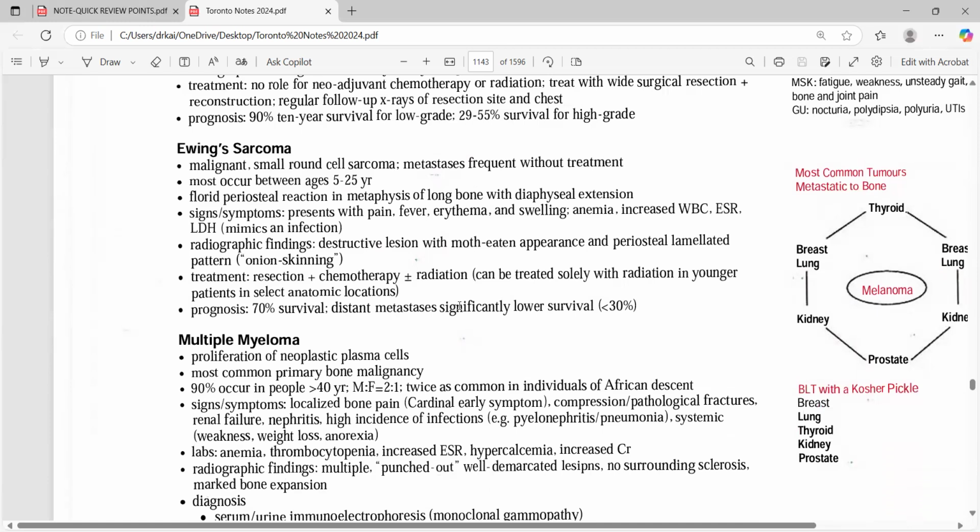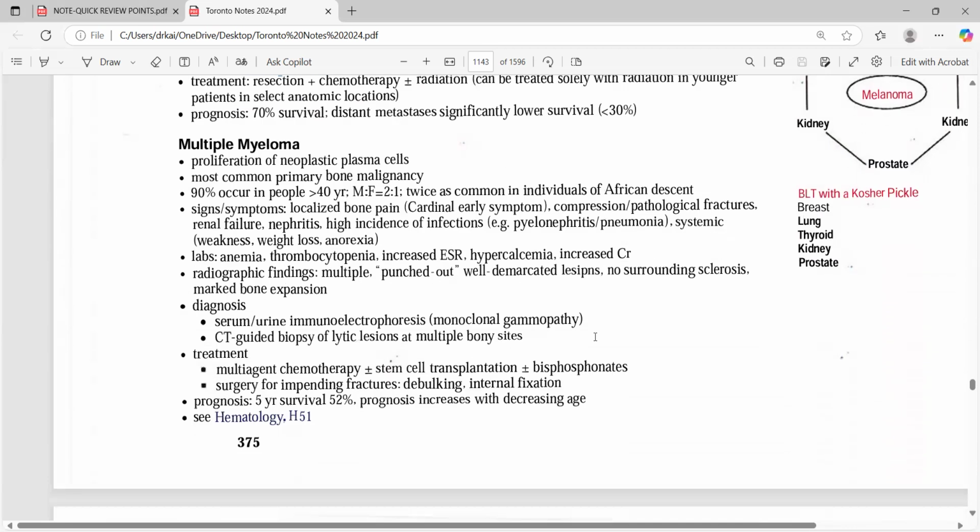Then Ewing sarcoma, it's like a skin appearance, mainly like an onion skin. Then there is a moth-eaten appearance. So mainly the X-ray, because after the X-ray or the diagnosis, it's the oncologist that follows up. So you need to know only the diagnosis part.